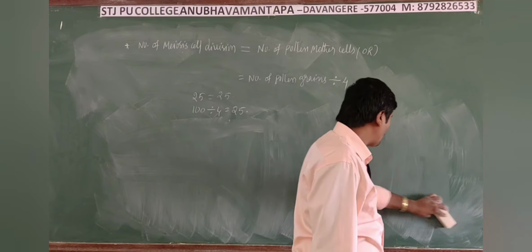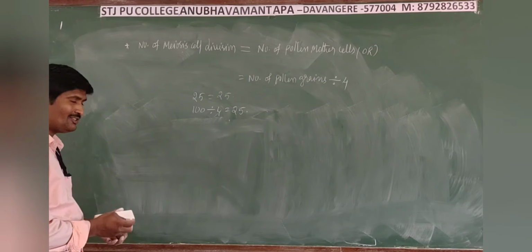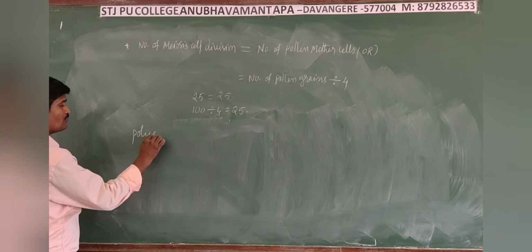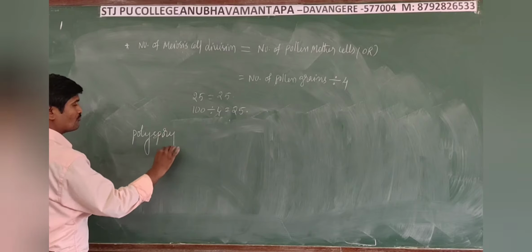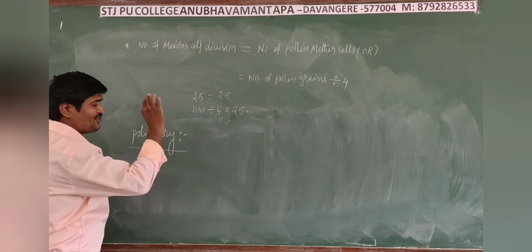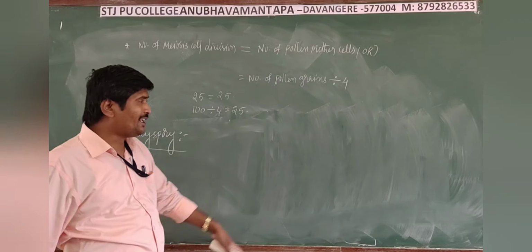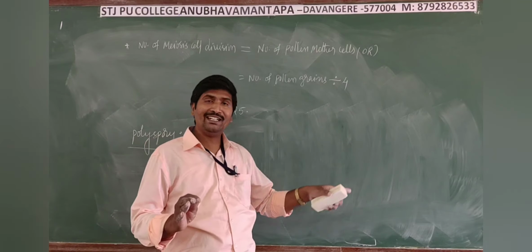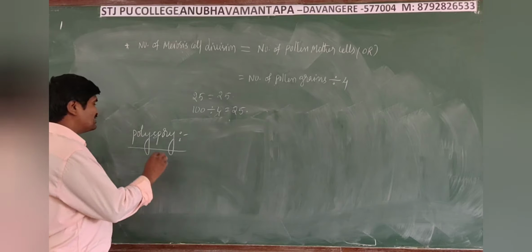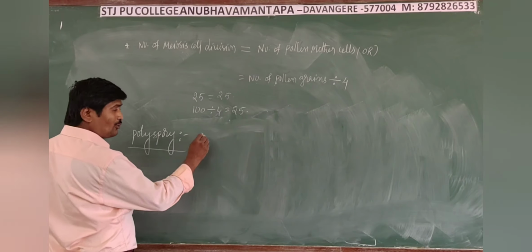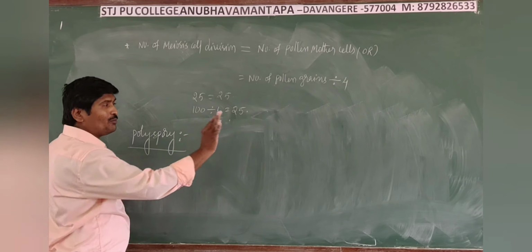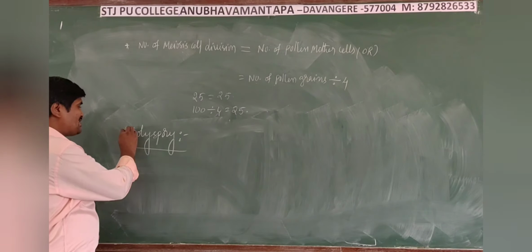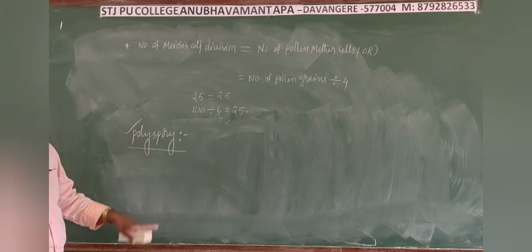Regarding this microsporogenesis, one more important point is polyspory. Already you know that a total of 4 microspores are present in a tetrad, but polyspory means more than 4 microspores are present in a tetrad. That condition is known as polyspory.